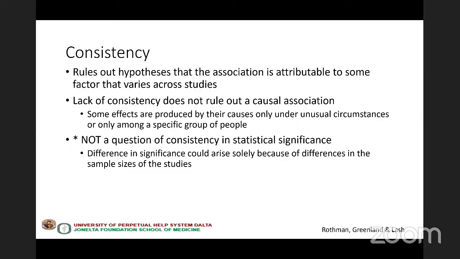Some bacteria would cause opportunistic infection, but only under unusual circumstances. So it lacks consistency. But what increases consistency is when you're immunocompromised, or among a specific group of people who are very much exposed to a certain disease, then it will hold.